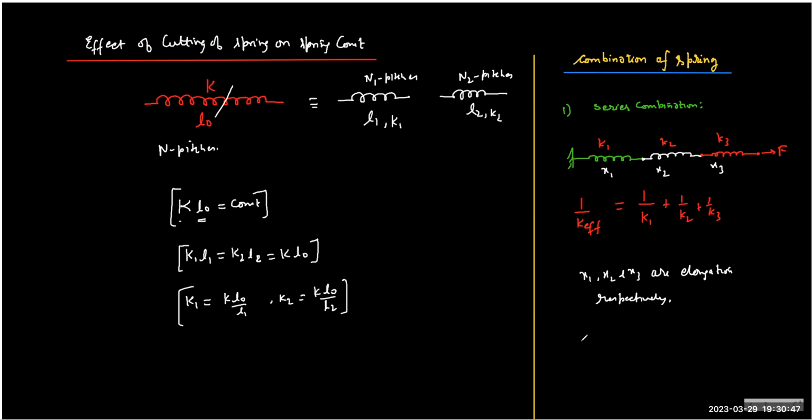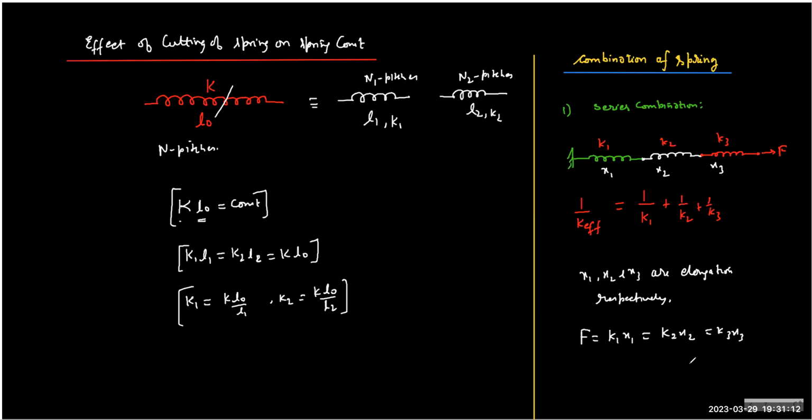Anyway, in series combination, the force transmission is F and it equals K1 X1, or K2 X2, or K3 X3. It is always or. You can write K1 X1 if you know X1, K2 X2 if you know X2, or K3 X3 if you know X3. The thing is, we know nothing, so we write this relation, and from there we get X1, X2, or X3.